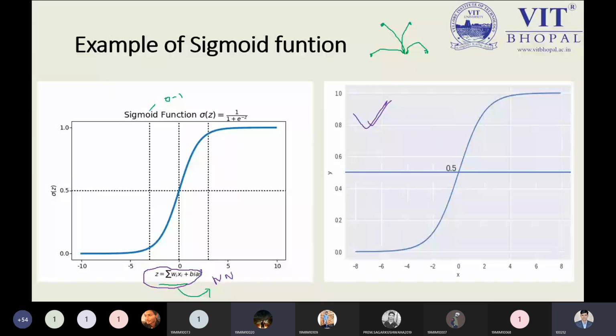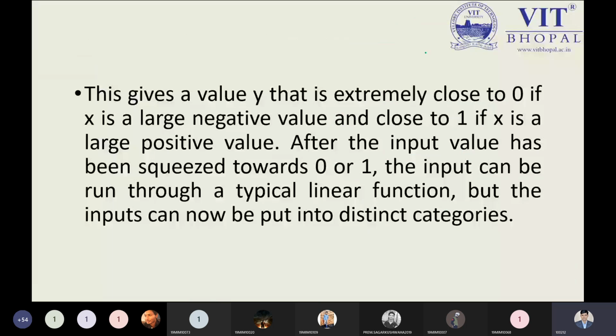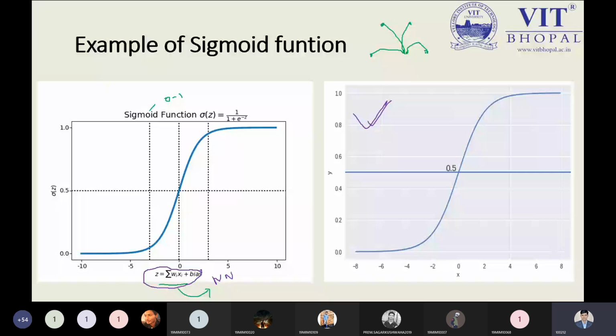No, sir. So see, let me give you some summary. The sigmoid function is a kind of activation function, and this activation function is applicable when it is required to invoke our neurons.